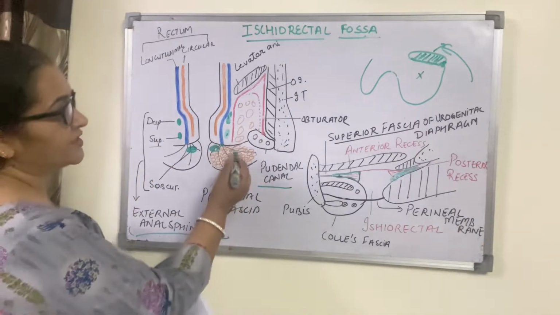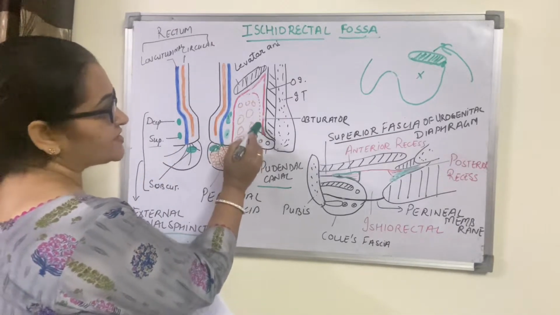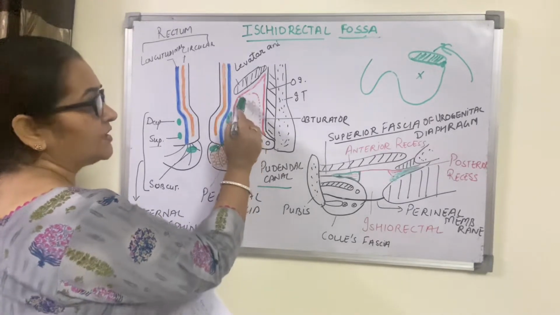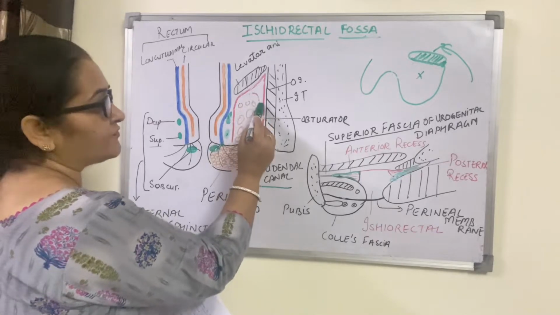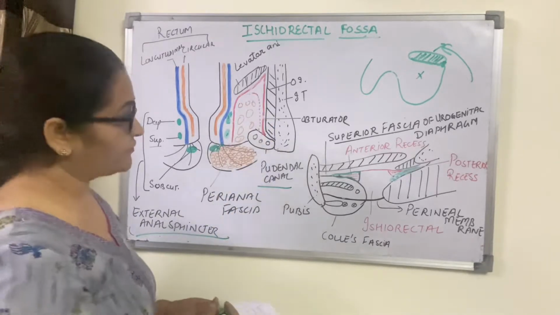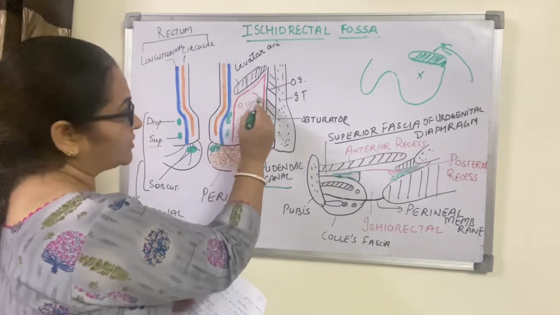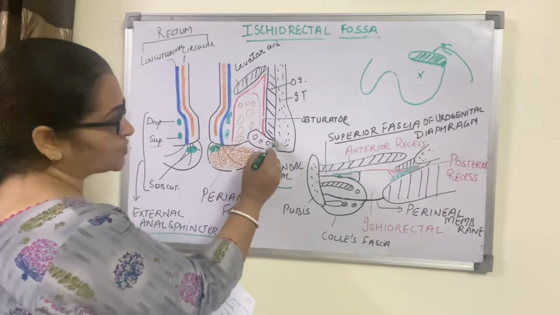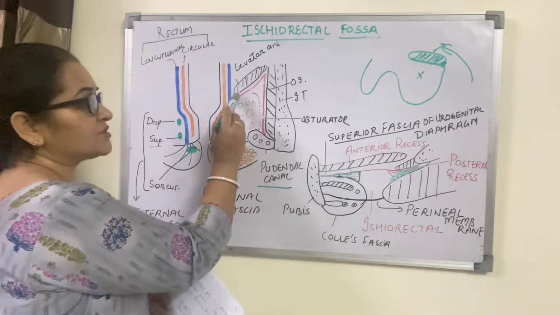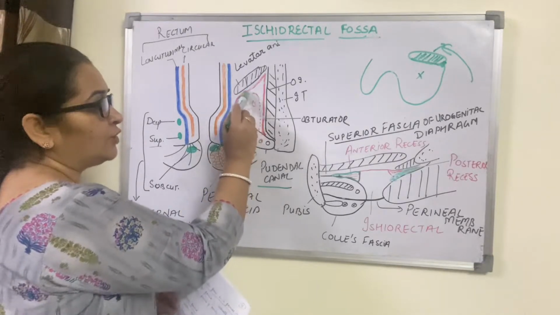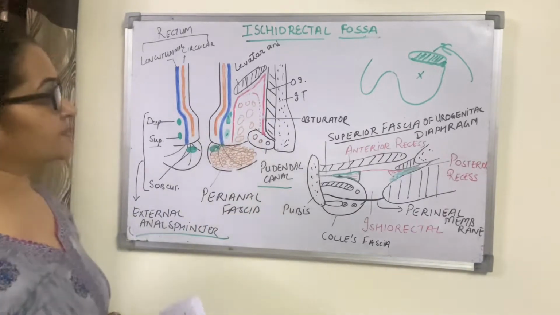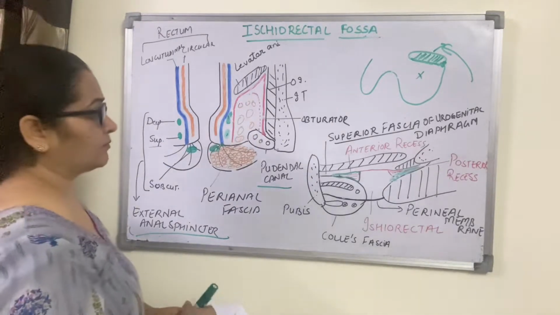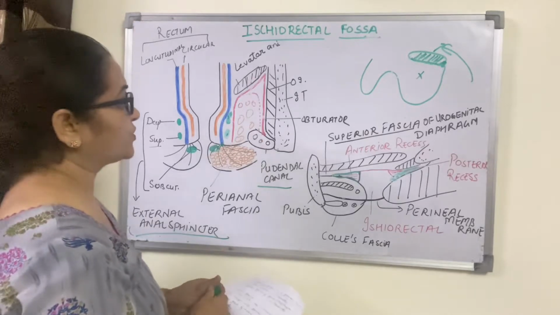Now there is another layer which is just arcing over the fat present in this region. This is known as the lunate fascia. This lunate fascia is continuing downward with the fascia enclosing the pudendal canal. And the summit of this, summit means the upper point of this, is known as the tegmentum.